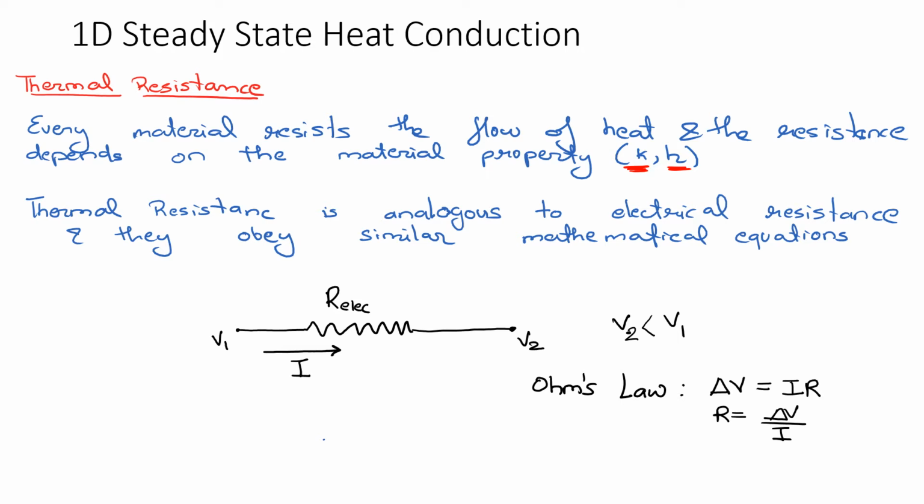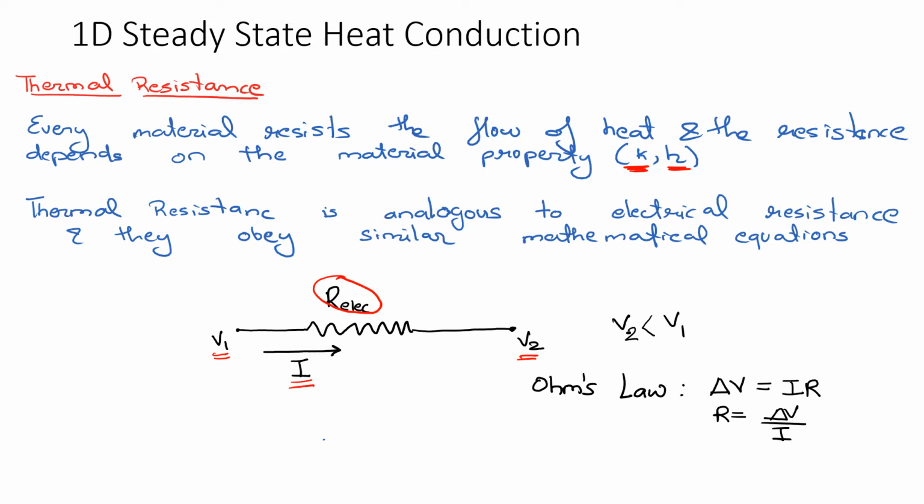So the basic concept of electrical resistance is that you will have a potential difference. Say the potential difference across a particular electrical resistance R elec is delta V, where V2 is smaller than V1. So we know that electricity always flows from a higher potential to a lower potential.